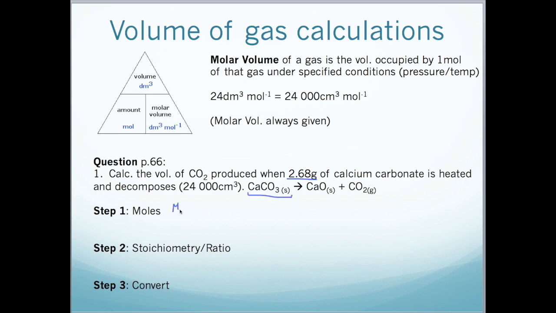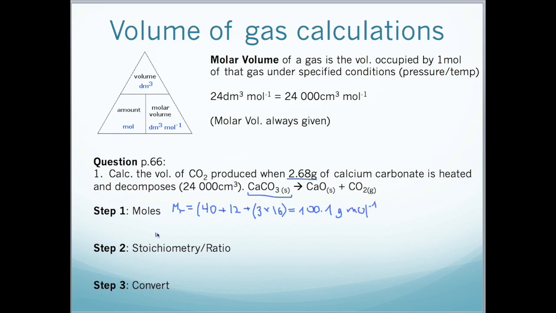So Mr is, calcium is 40, plus we have 1 carbon, which is 12, plus we have 3 oxygens, so it's 3 times 16, which when added up together gives us 100.1 grams per mole.